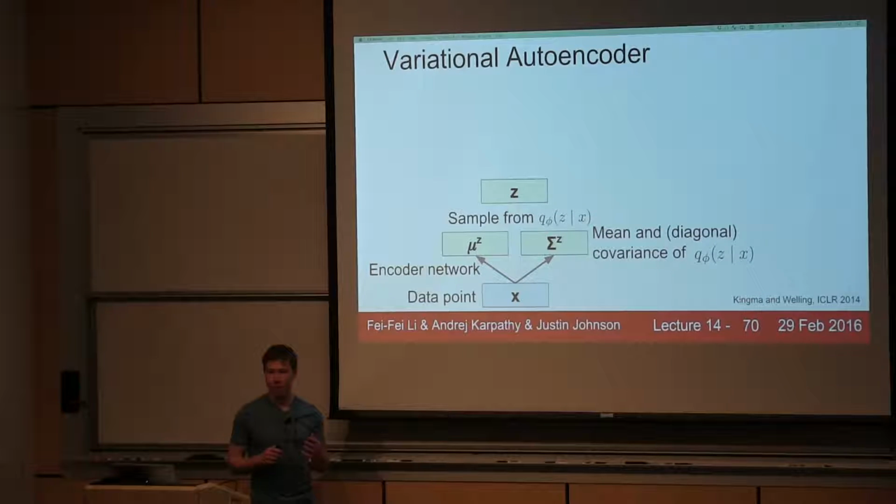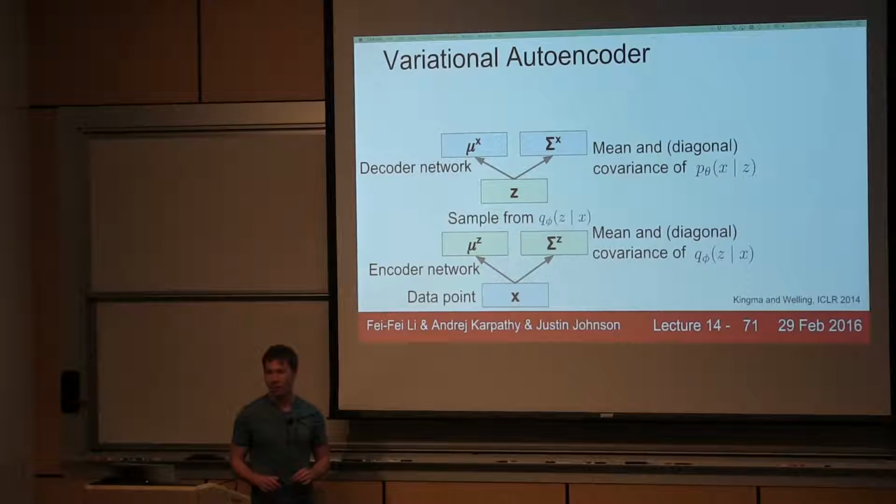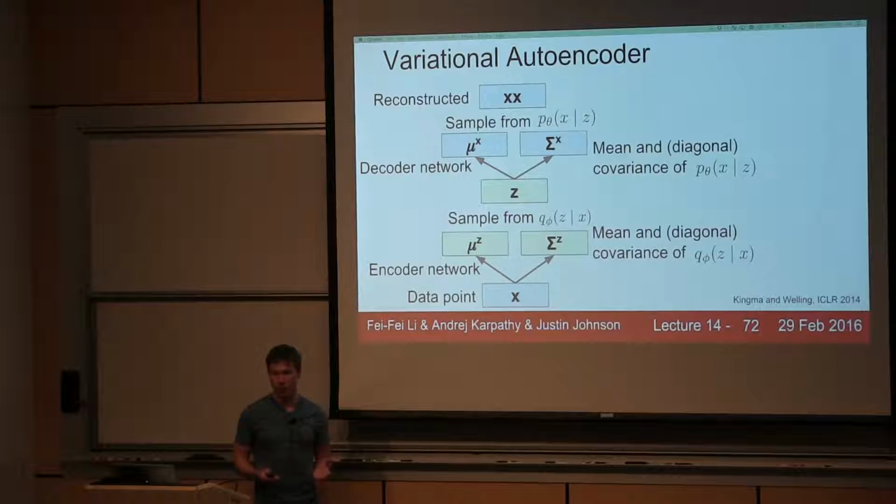Then we pass that concrete latent state through the decoder network, which should spit out the distribution over the data again. And then we could sample from it to get something that hopefully looks like the original data point.